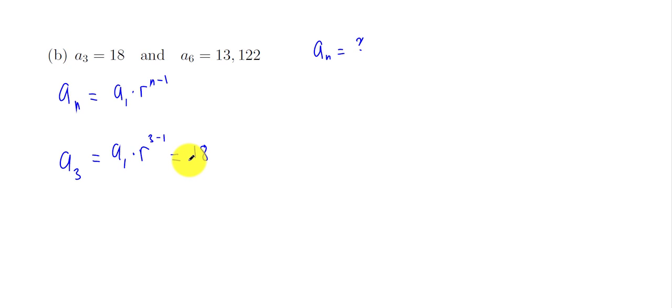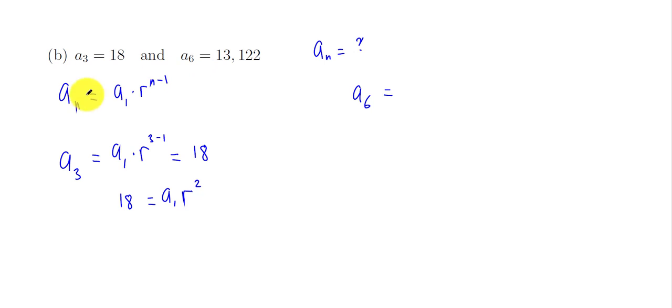And we can solve for a1. So a3 is 18. So I have 18 equals a1 r to the 3 minus 1, which is 2, right? So 18 equals a1 r squared. Now we can also use another data here, a6.